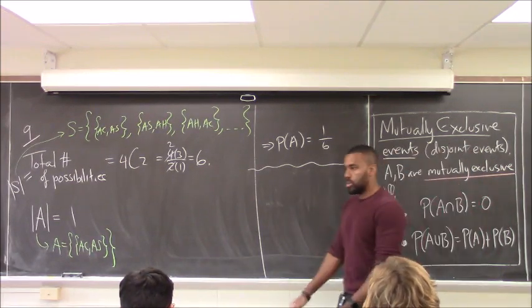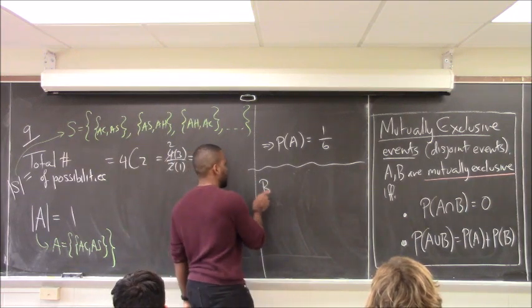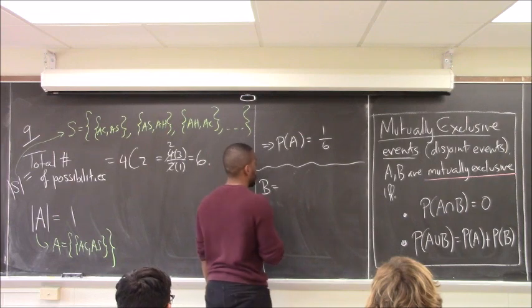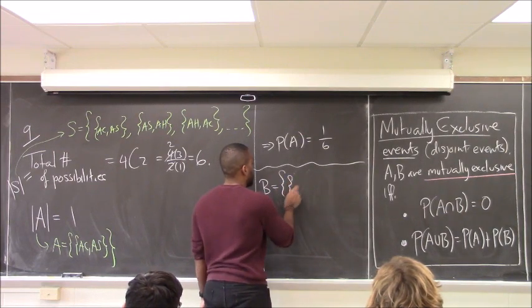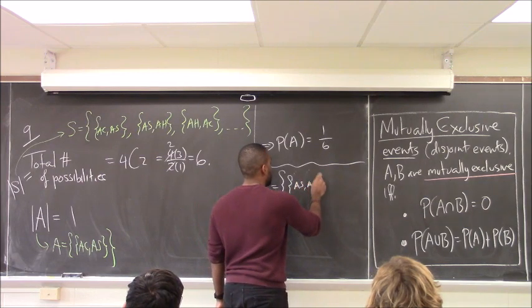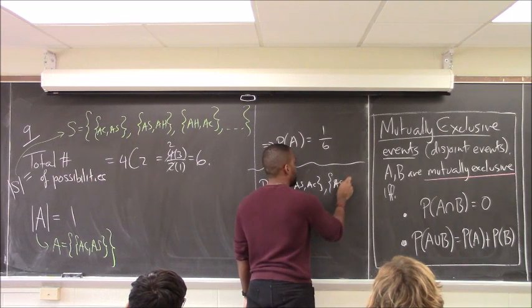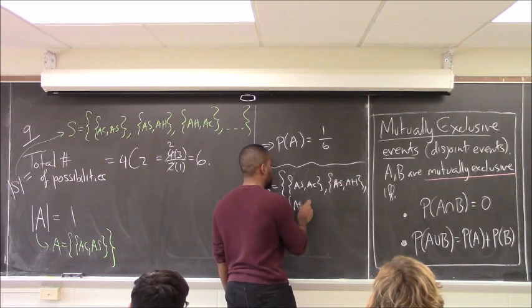So what would that be equal to? How many ways can B happen? What would B even look like? Yeah? 3 ways. 3 ways, what are the ways? You can have ace of spades, ace of clubs; ace of spades, ace of hearts; and ace of spades, ace of diamonds.